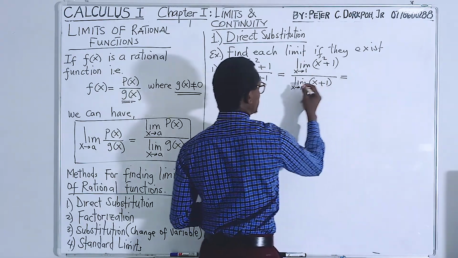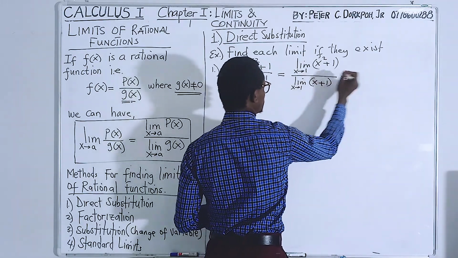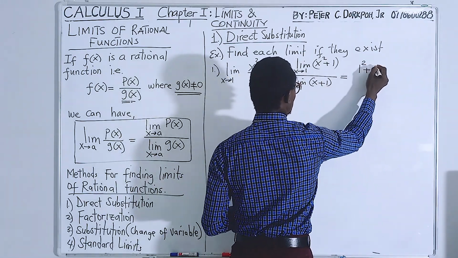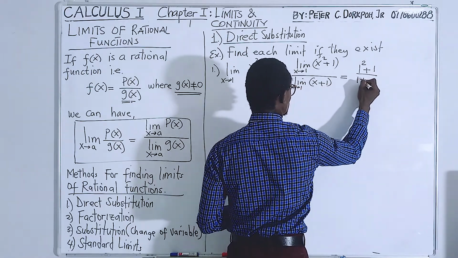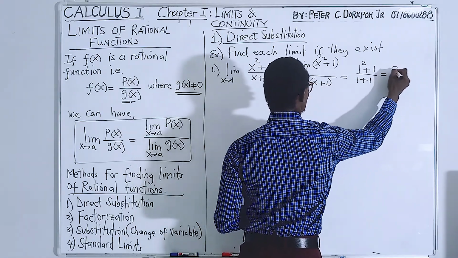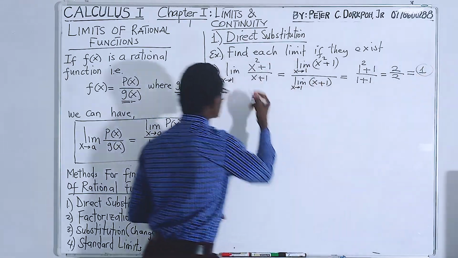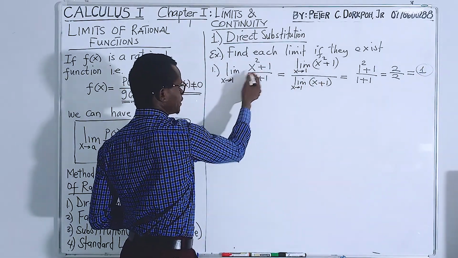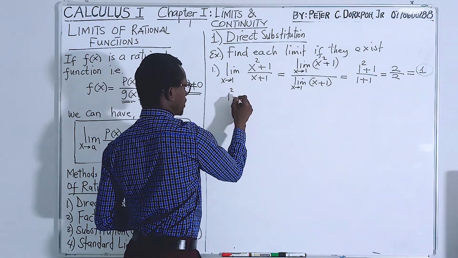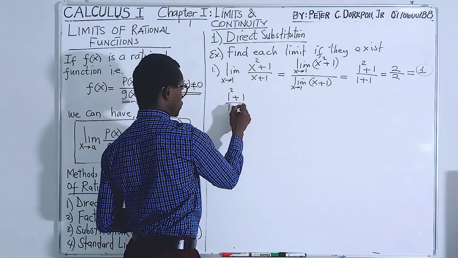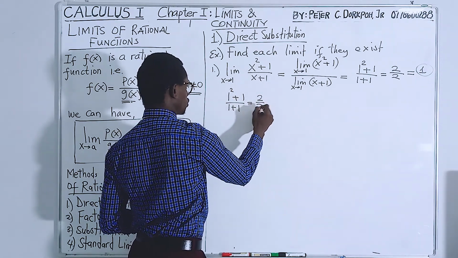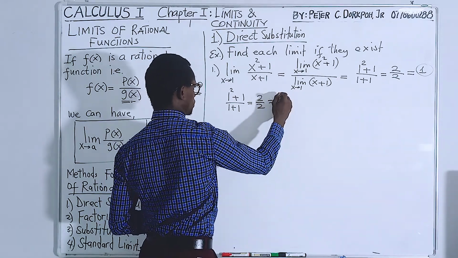We now apply the limit, replacing x with 1: 1 squared plus 1 all over 1 plus 1 is just 2 over 2, which is now 1. Directly from here, you could just apply the limit. When x is 1, you have 1 squared plus 1 all over 1 plus 1, which is 2 over 2, equals 1.